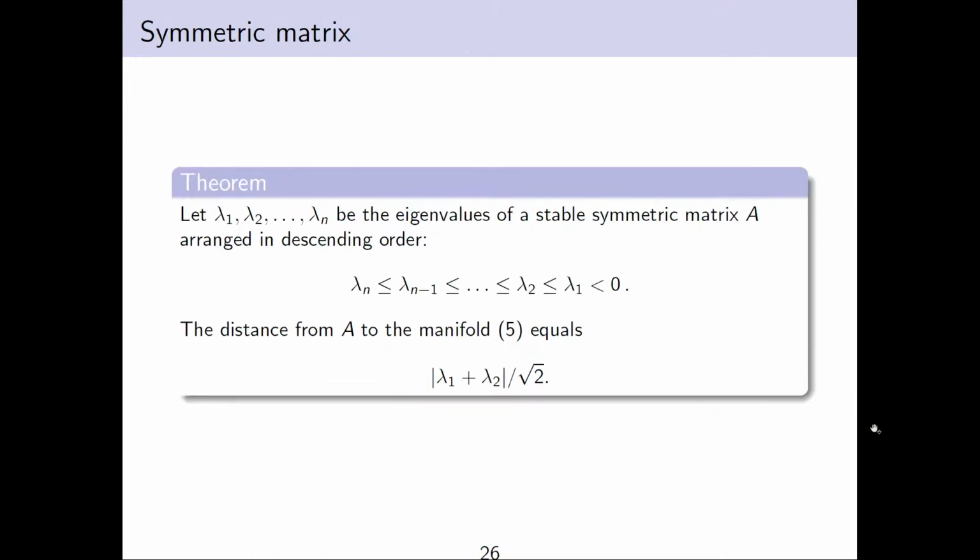Now we consider the case of a symmetric matrix. You can see the theorem that we have proved. This theorem gives the distance to the manifold of matrices with a pair of eigenvalues of opposite signs. It expresses this distance via eigenvalues of a given matrix.